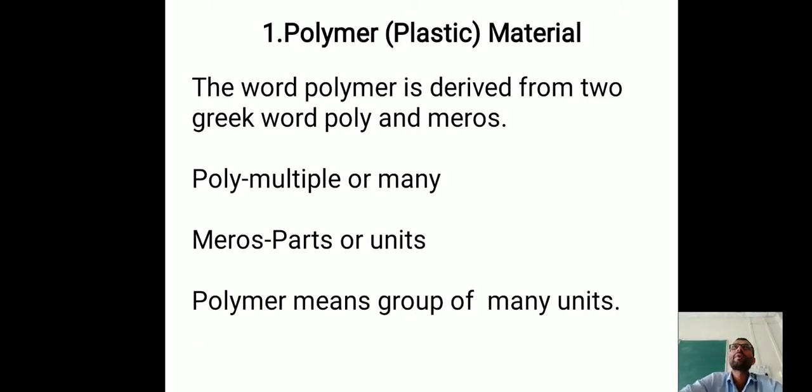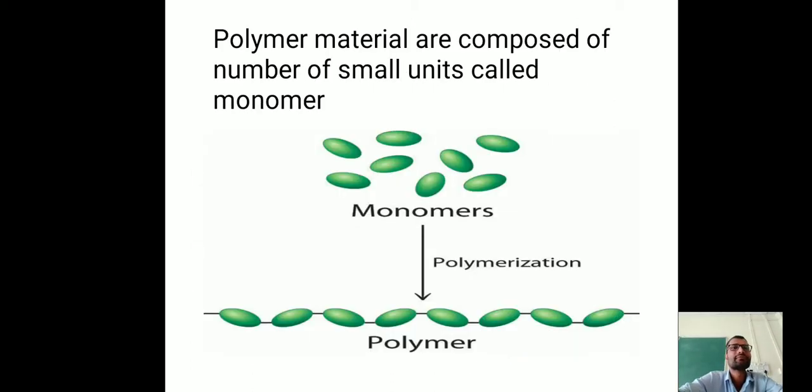So what is a polymer, that we have studied. Actually polymer is a Greek word, which is a combination of two Greek words, poly and mers. As you know, poly means many and mers means unit or parts. So polymer means a group of many units, a group of many parts.